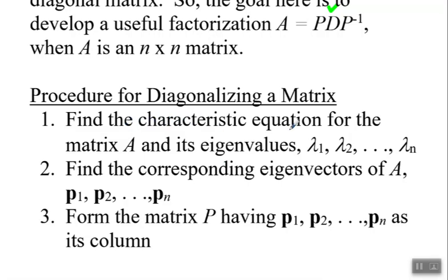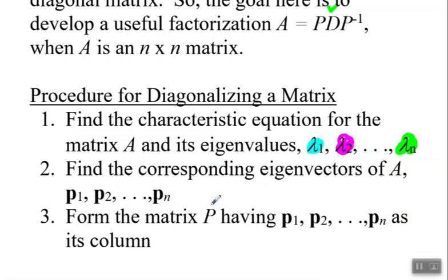We're going to find the characteristic equation for the matrix A and find those eigenvalues. So it's going to have these eigenvalues, the first, the second, and the third. And these may or may not be distinct. Sometimes they're going to be the same. So the first eigenvalue could be the same as the second eigenvalue.